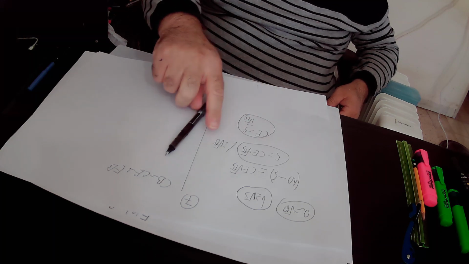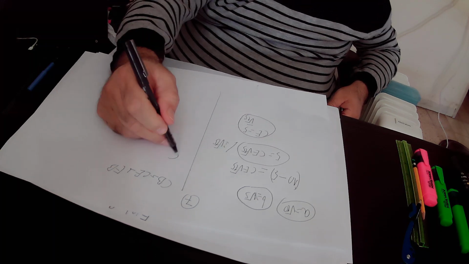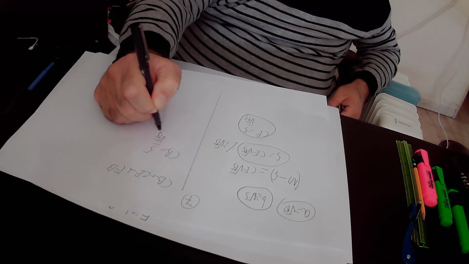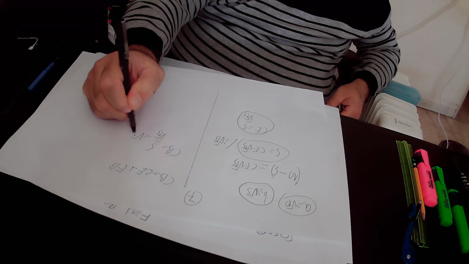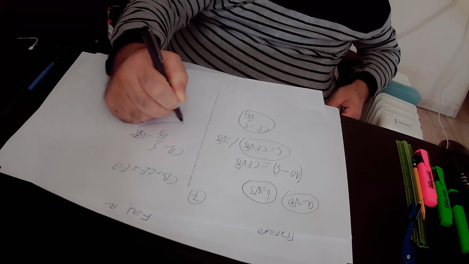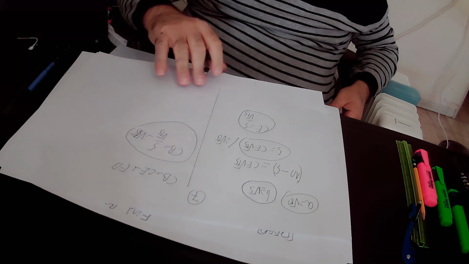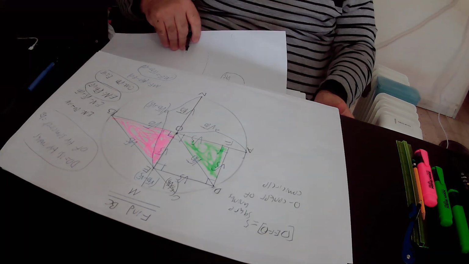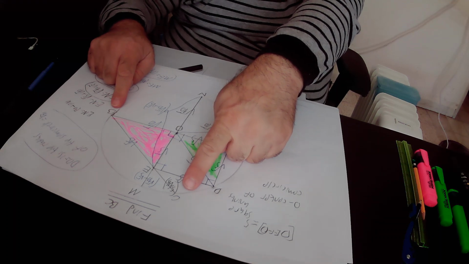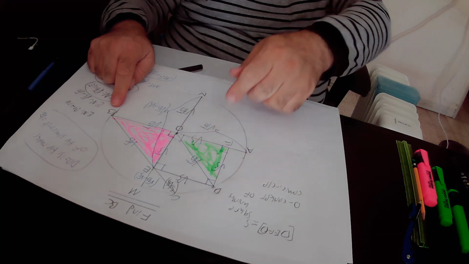We just found out that CE equals 5 over square root of 15, and we already found out that EB equals the square root of 15. So the length of chord CB equals 5 over square root of 15 plus square root of 15.